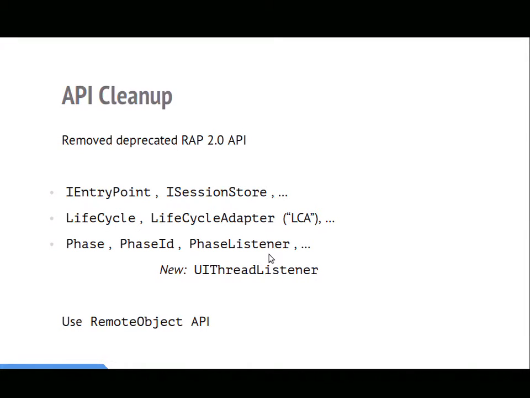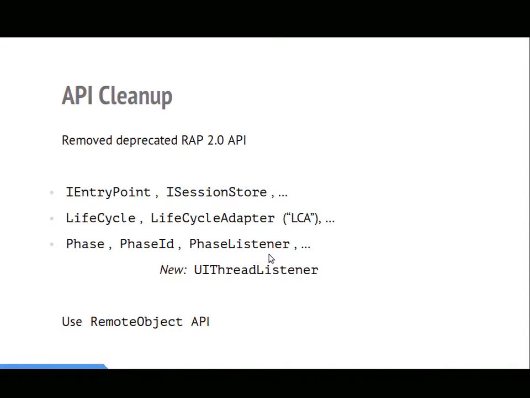And we threw out those classes and interfaces that represent internals of the platform. Everything that has to do with the thing called lifecycle, we think these are concepts that no RAP developers should be familiar with. These are really internals.